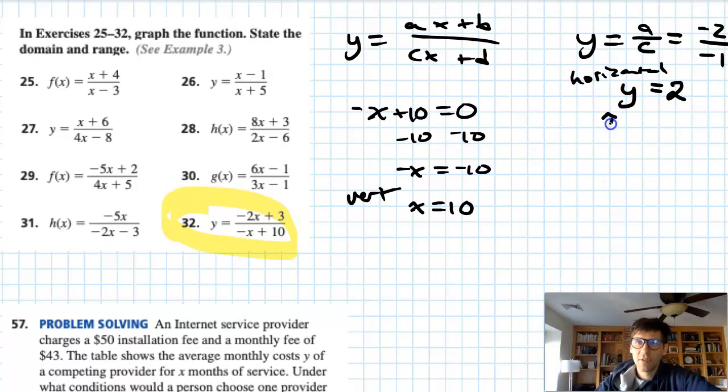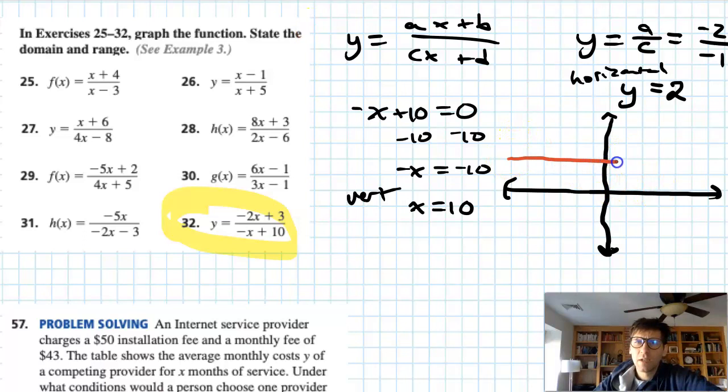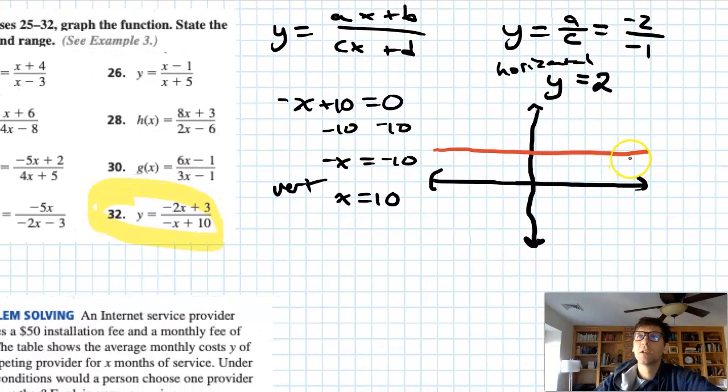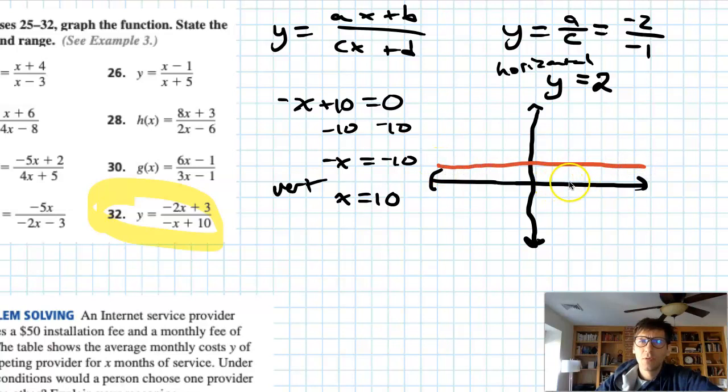So if I'm to graph this, I could put my axes here, and in a different color, let's do red, I have y equals 2 as one asymptote, and x equals 10 as another. I'll go by 2s: 2, 4, 6, 8, 10.